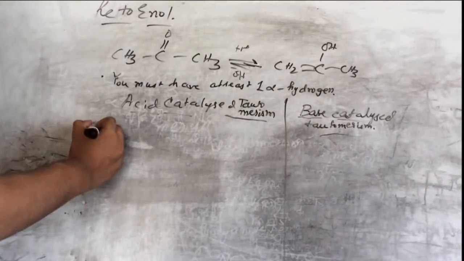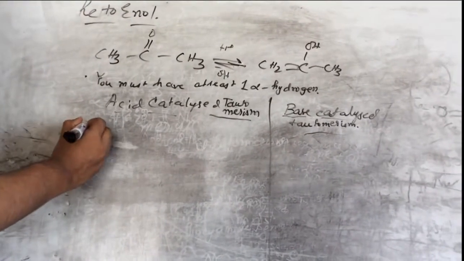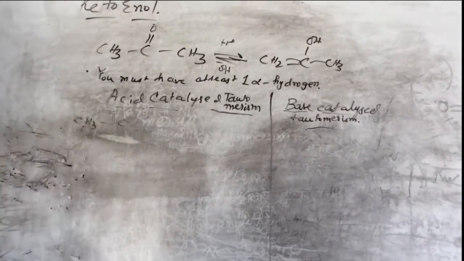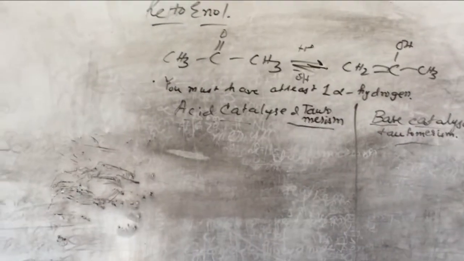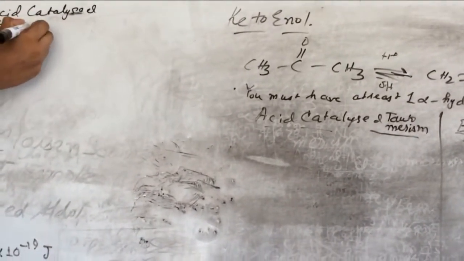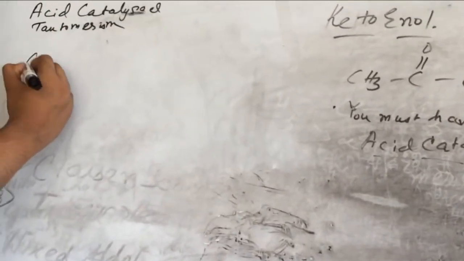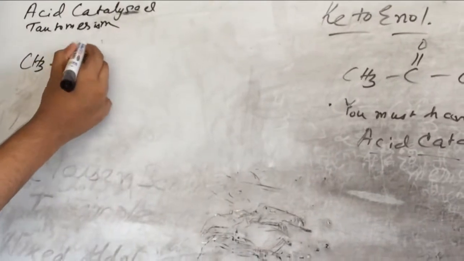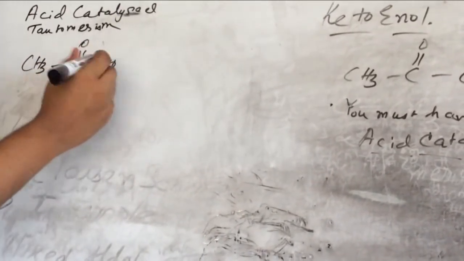So let's go with the example we have taken. Mechanism, acid catalyzed tautomerism. Let's go with the example we have taken, CH3, C double bond O, CH3.